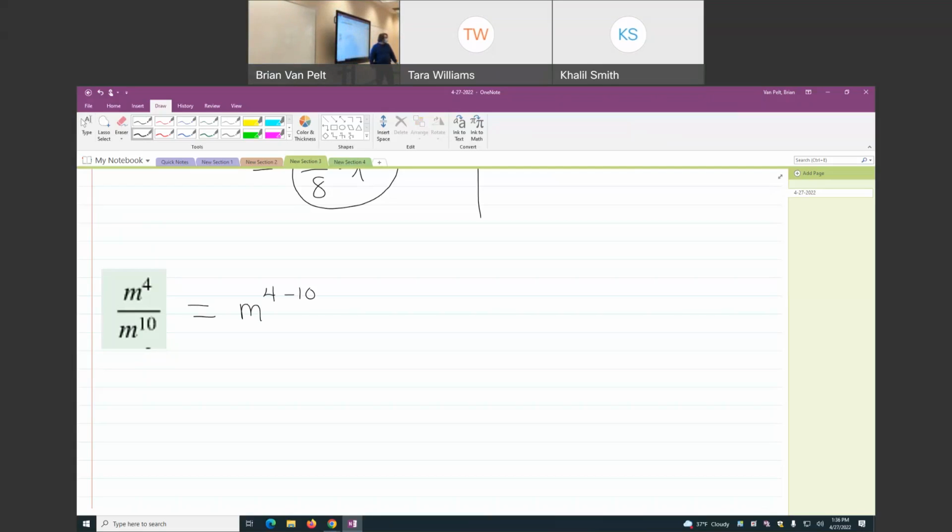There's the quotient rule right there. That equals m to the negative 6, but you're told you have to have your exponents positive. So you change it to a positive one by writing it as 1 over m to the 6th. That's certainly perfectly fine. That's exactly right.